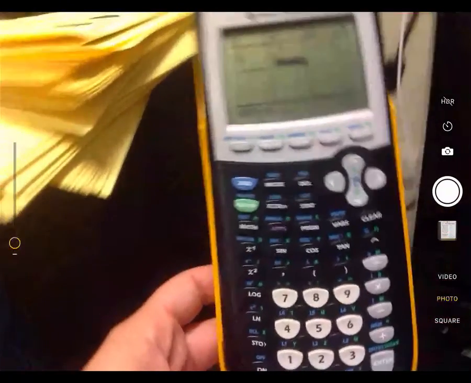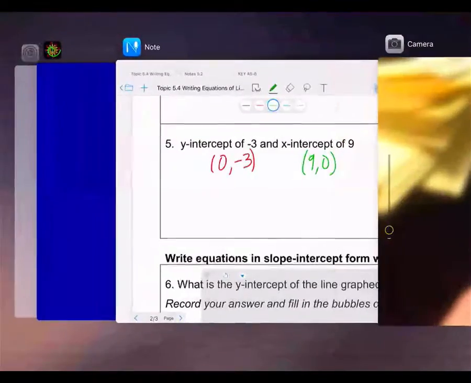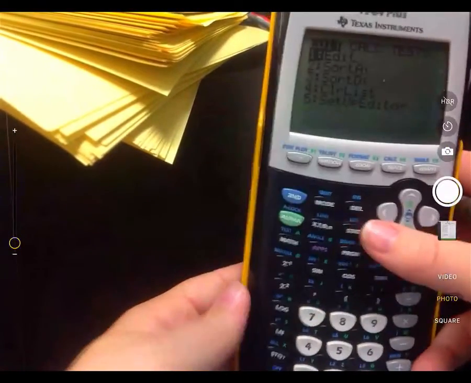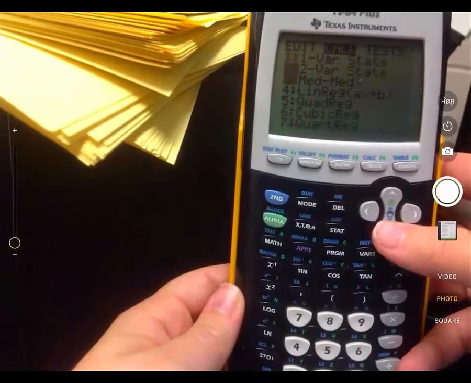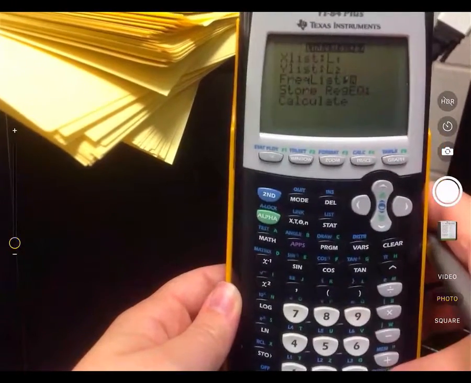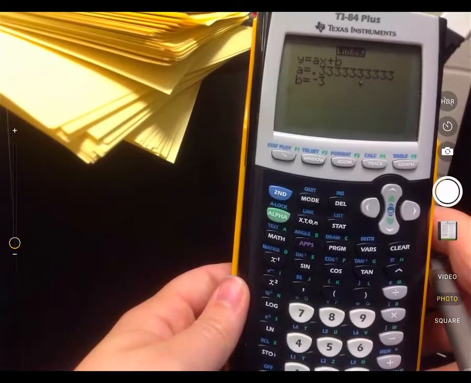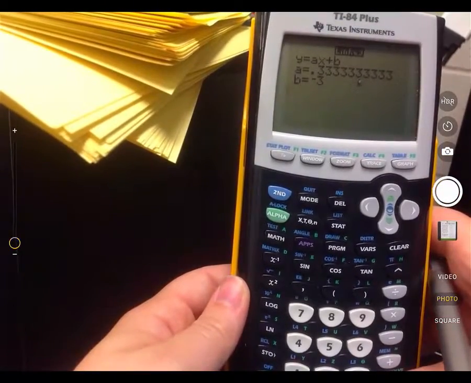I'm just going to double check that that is correct. Yep. So from here we go stat, calc, scroll down to 4, enter, enter, enter, enter, enter, enter. And A is 0.3 repeating, B is -3.